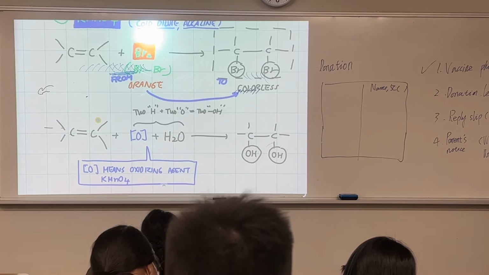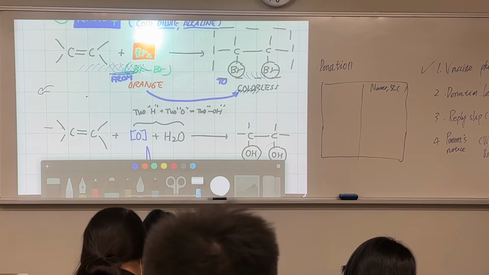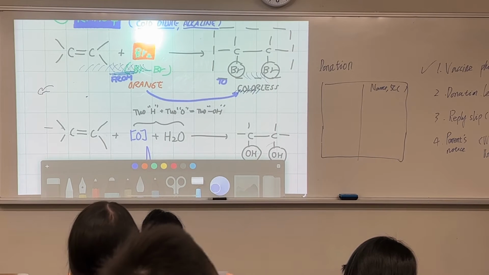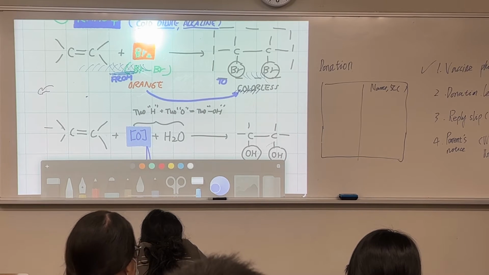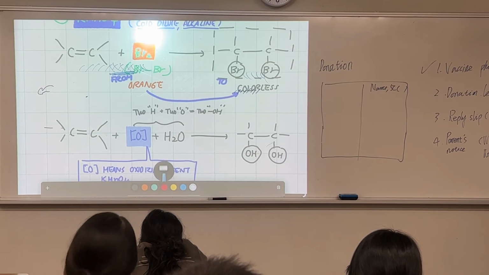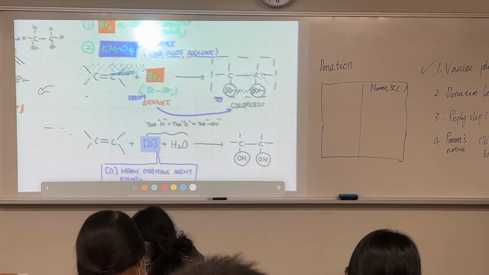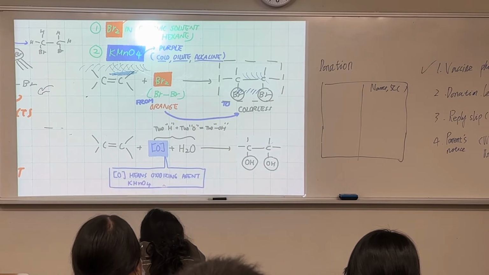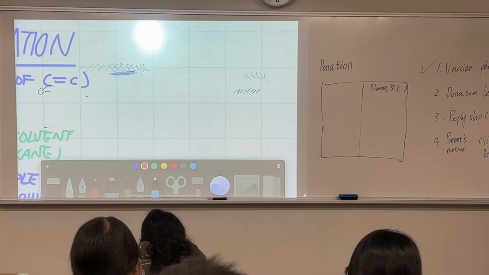And this will result in a color change, from purple to colorless. So this is purple oxidizing agent. It will then become colorless. So in both cases, remember, the color change will be to colorless at the end. So can you put down the color change for when you use bromine water? When you use bromine, the color change will be from orange to colorless.